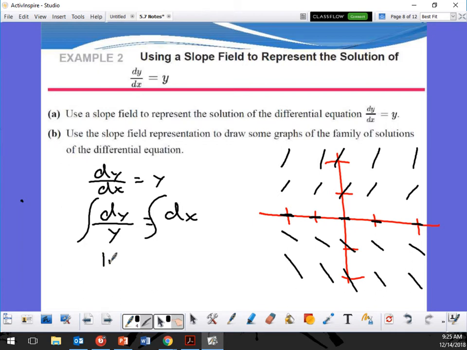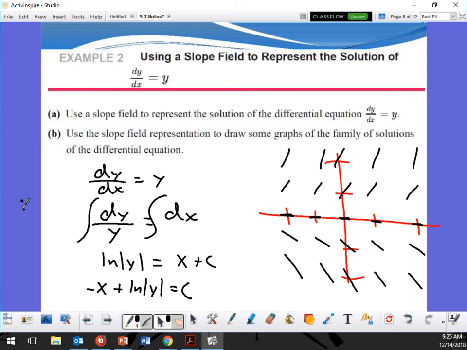So it's going to be ln absolute value of y equals x plus c. So move it over. It's going to be negative x plus ln absolute value of y equals c.